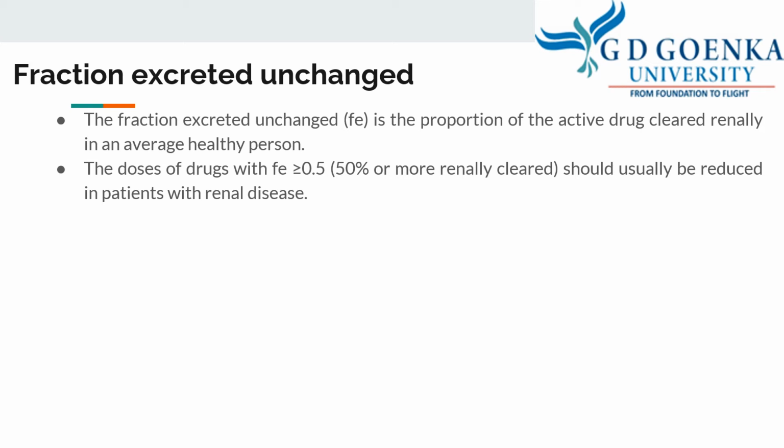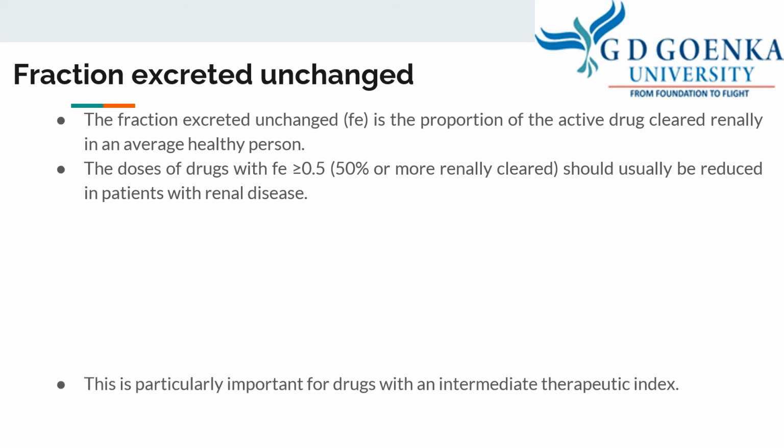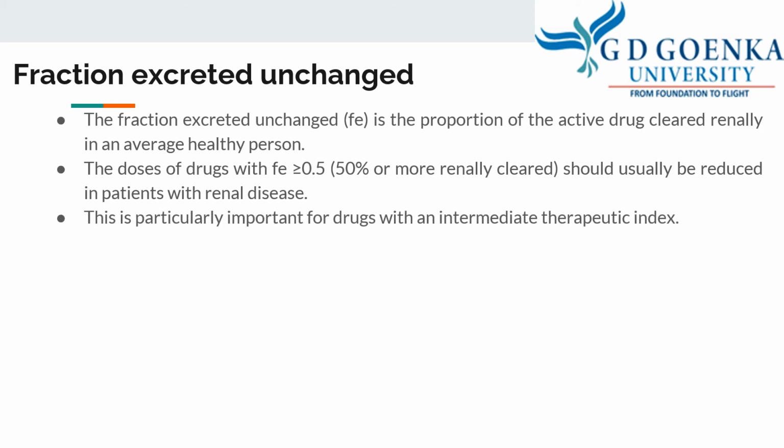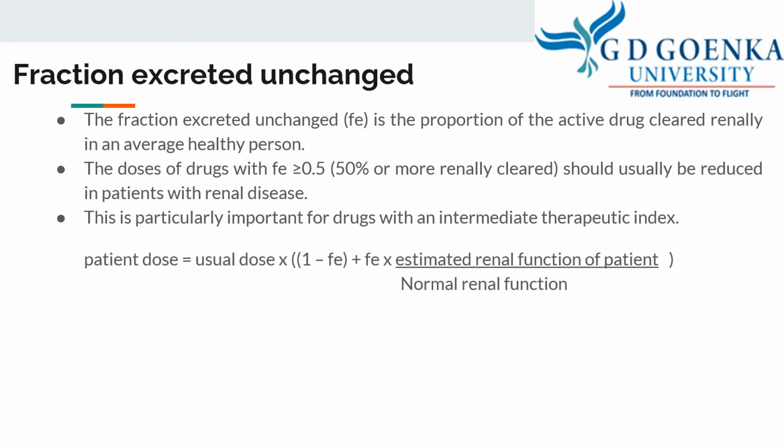The doses of drugs with fraction eliminated unchanged greater than 0.5% should usually be reduced in patients with renal disease. This is particularly important for drugs with an intermediate therapeutic index. We have seen the reason why.